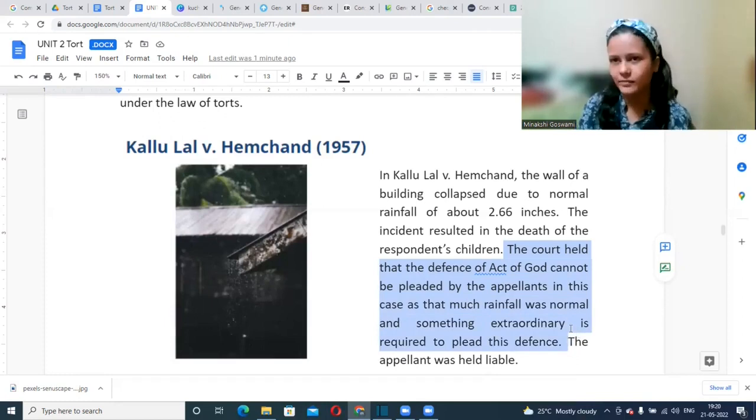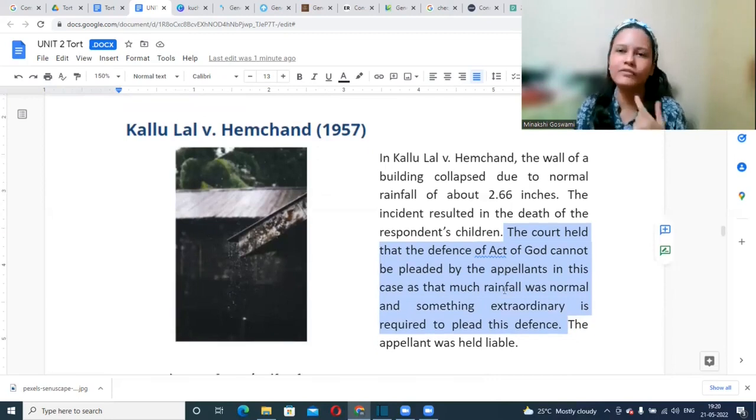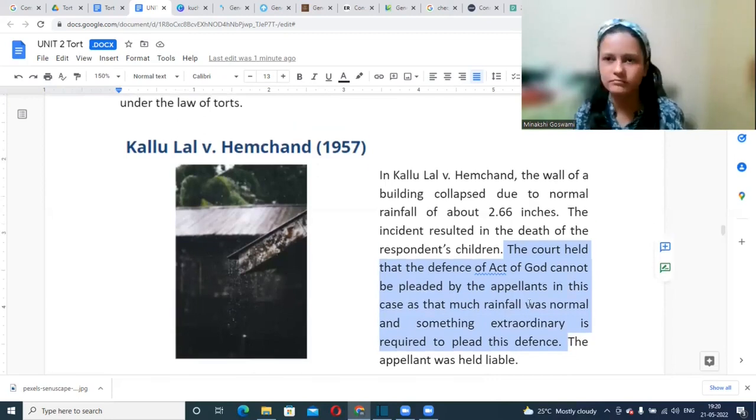If you can expect this much rainfall, you should have constructed it properly. You should not have constructed it in such bad quality that it just collapsed because of this normal rainfall. So in such cases, for normal situations, you cannot say that it is act of God. It can be availed only when it is an extraordinary occurrence.